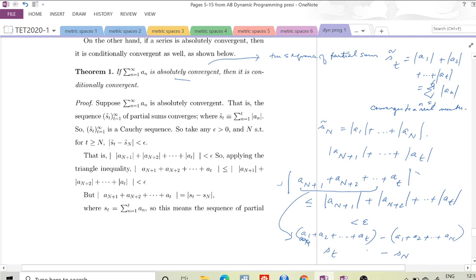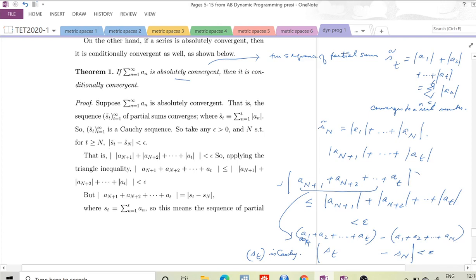So what is being said is that this sequence itself is Cauchy. The partial sums without the absolute values, that's Cauchy, right?